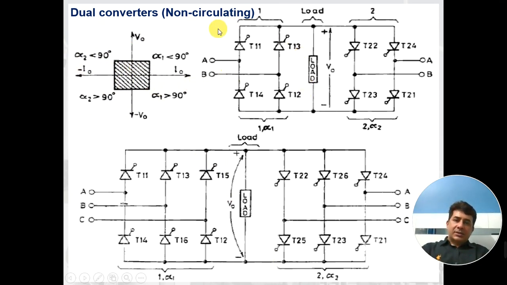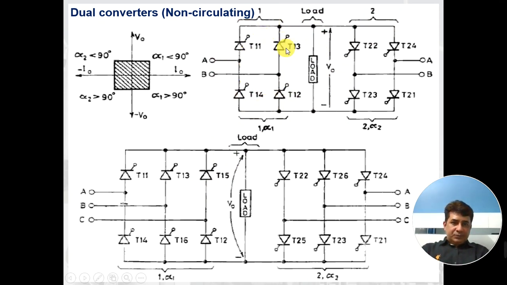This is a dual converter for single phase, and this is another dual converter for three phase. Because the working of these two is the same, let us try to understand with the help of a single phase dual converter.